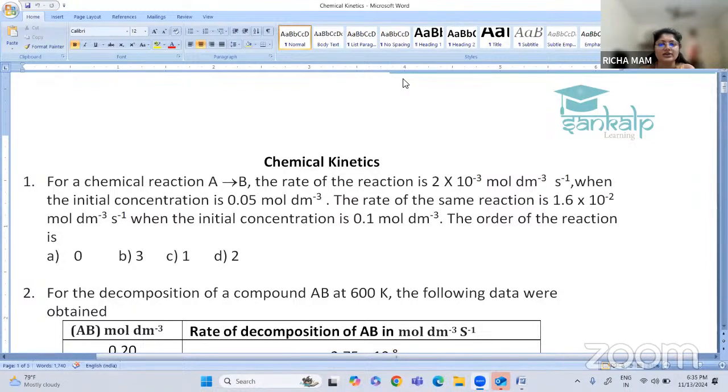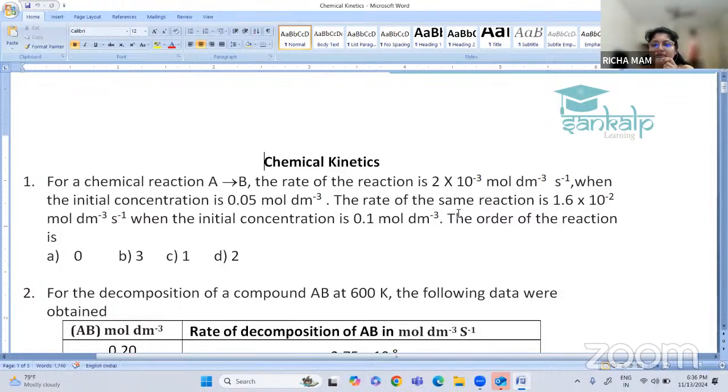So let us start. The first question is, for a chemical reaction A giving B, the rate of the reaction is 2 into 10 raised to minus 3 mole dm cube per second, when the initial concentration is 0.05 mole per dm cube.